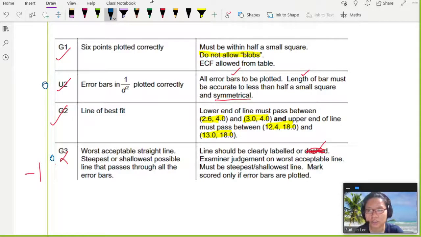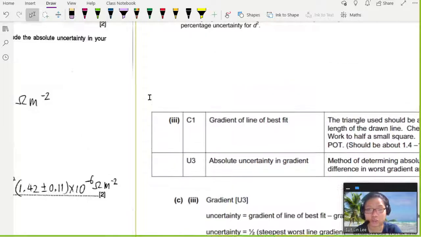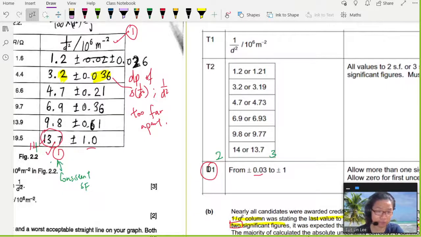Okay. So this U2 is dependent on U11, meaning there is ECF. So my suggestion is, if you don't know how to find the uncertainty, go and put any number that you can reasonably draw. Please don't draw an error bar that is 10 cm long, okay?